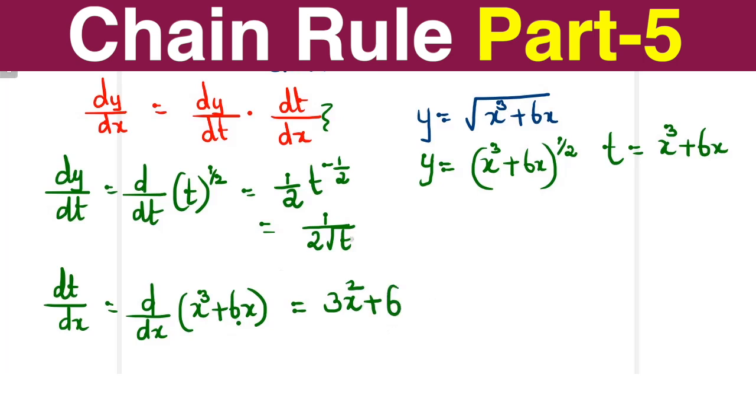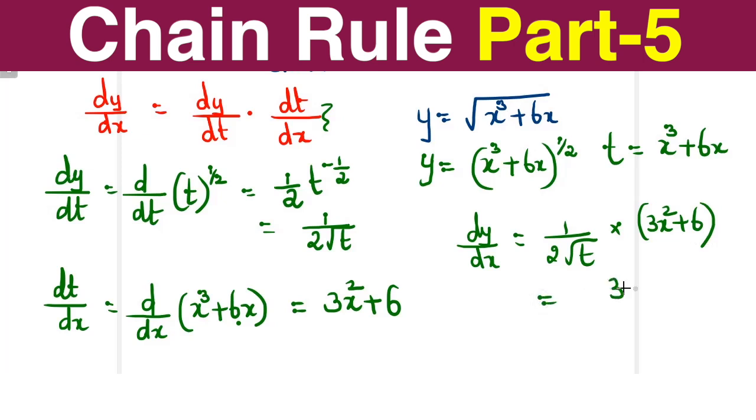Now let's write the final answer. So this is dy by dx is equal to 1 by 2 root t into 3x squared plus 6. So I can simplify this as 3x squared plus 6 divided by 2 into root of x cube plus 6x.